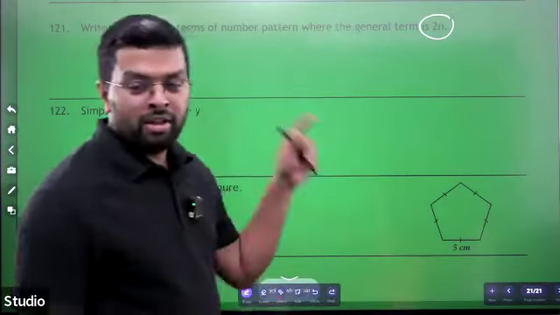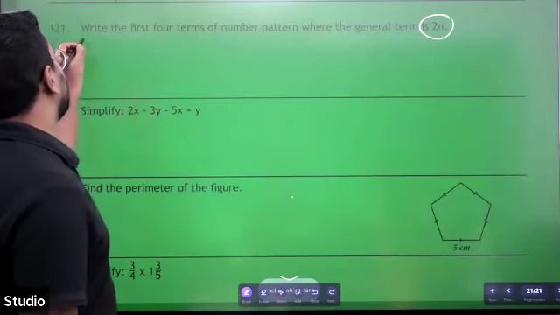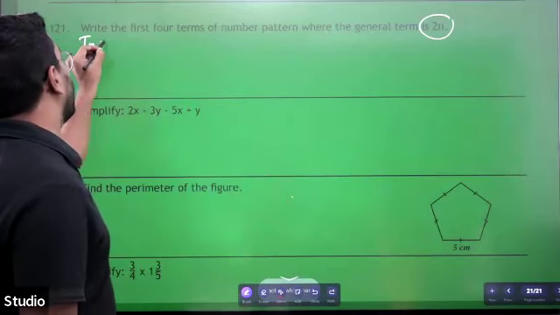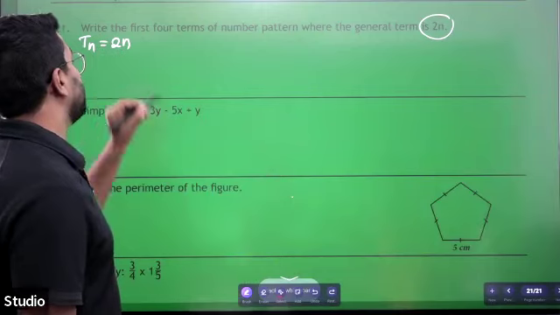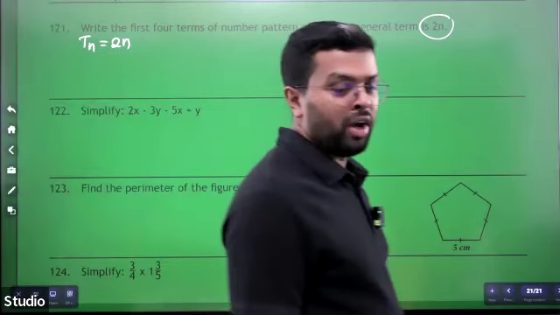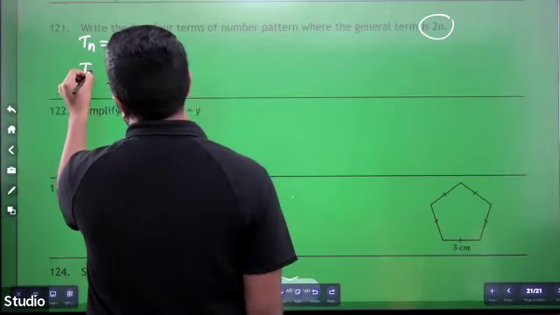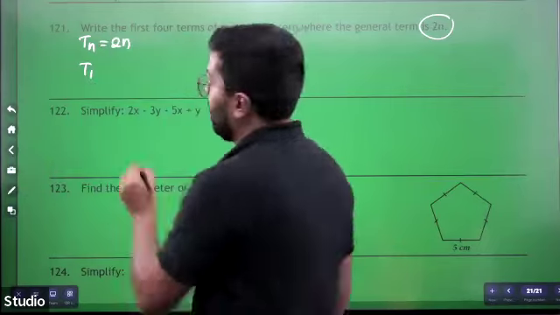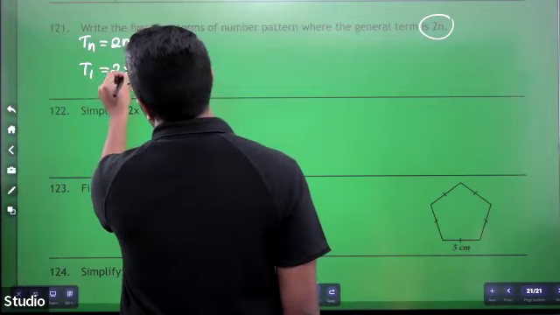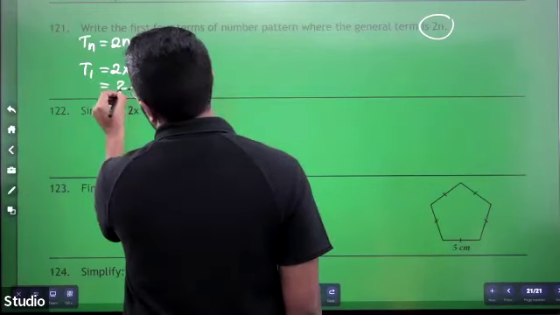The first 4 terms, general term Tn is given by 2n. Tn is equal to 2n. So how to find the first 4 terms? If it is asking the first term, instead of n, let's put 1. That is equal to 2 times 1. T1 is 2.